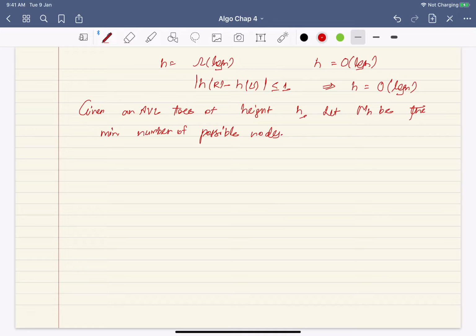The maximum number of nodes we know is 2 to the power h plus 1 minus 1, and that actually ensures h is omega log n. But what is the minimum number of possible nodes it will have given this property? And if I can show with that number that yes, this height is maintained, then I am done. So let mh be the minimum number of possible nodes in an AVL tree of height h.